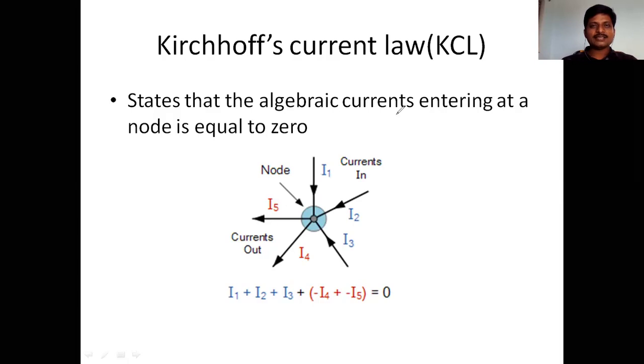And if the current is leaving the node, then you have to take that current as positive. Okay. So the algebraic sum of currents at a node is equal to 0. Now let us write the equation. As you can see here, I1 current is entering. Therefore, you have to write I1. And remember one more thing, one point also.